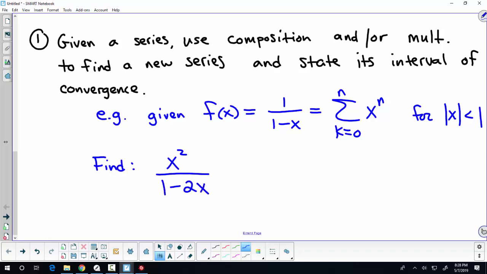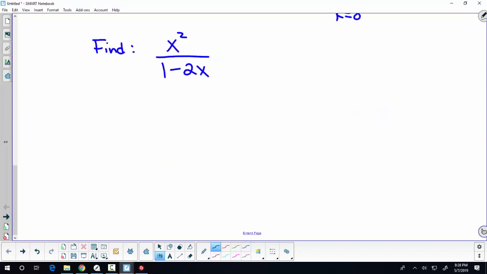So we have to first of all figure out how x squared over 1 minus 2x relates back to 1 over 1 minus x. Where we would start is we would say this is x squared times 1 over 1 minus x, but our x is actually 2x.